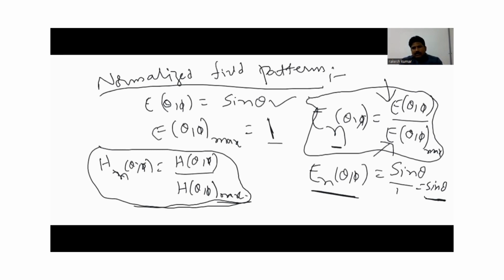What is meant by the normalized power pattern?